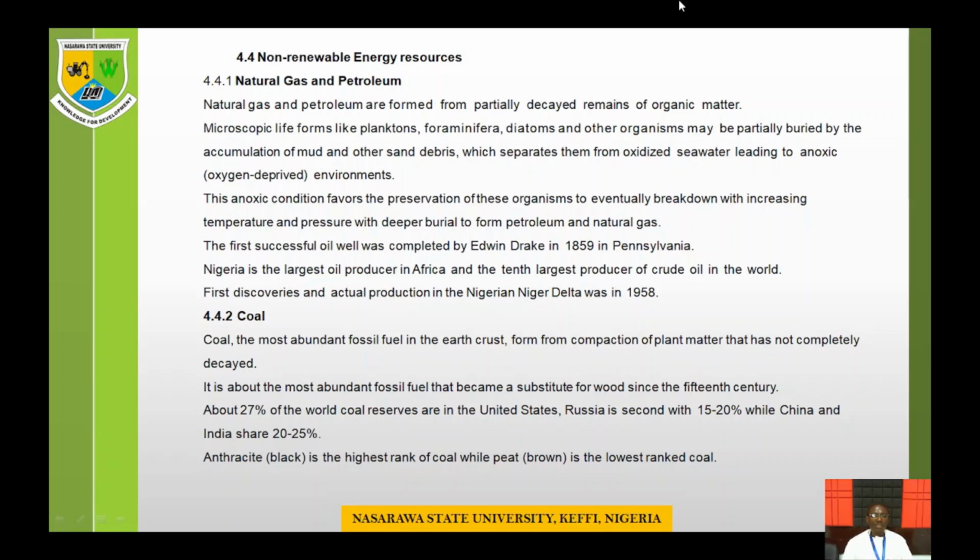About 25% of the world's coal reserves are in the United States. Russia is second with 15 to 20%, while China and India share 20 to 25%. Anthracite, a black coal, is the highest rank, while peat, which is also known as brown coal, is the lowest ranked coal.